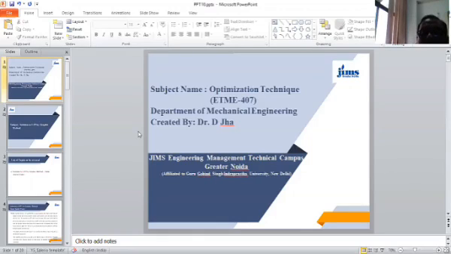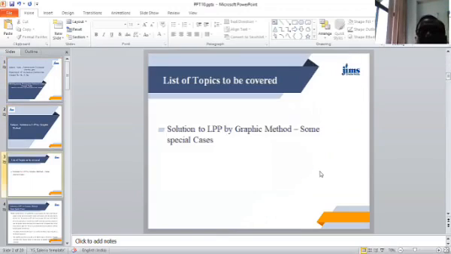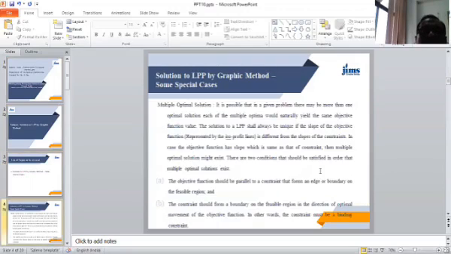So the first thing that we are going to discuss here is about multiple optimal solution. It is possible in a given problem that there may be more than one optimal solution, and obviously each optimal solution will give the same value of the objective function.